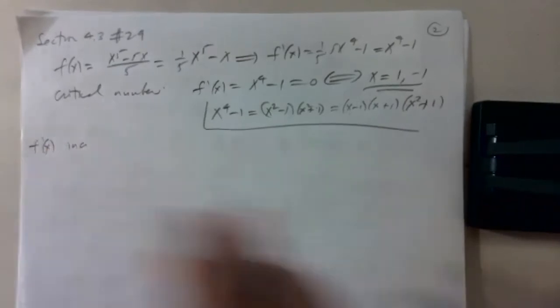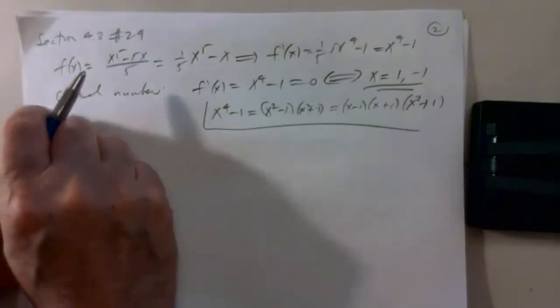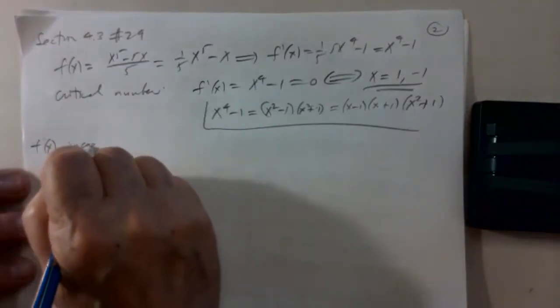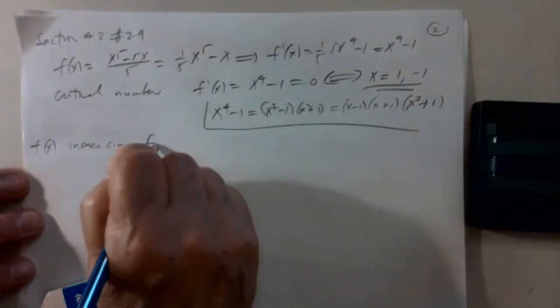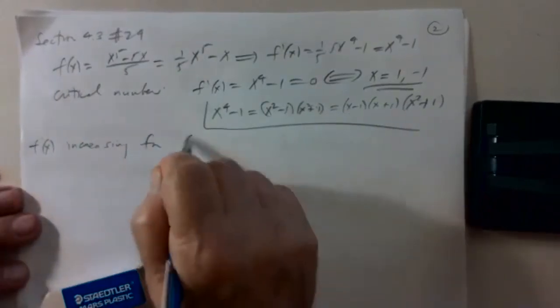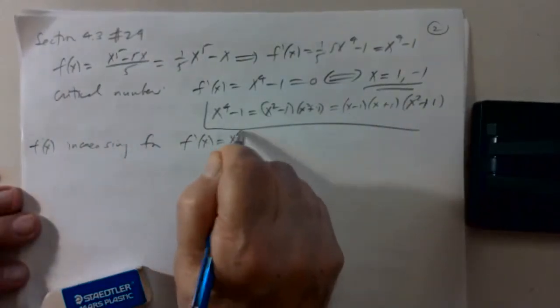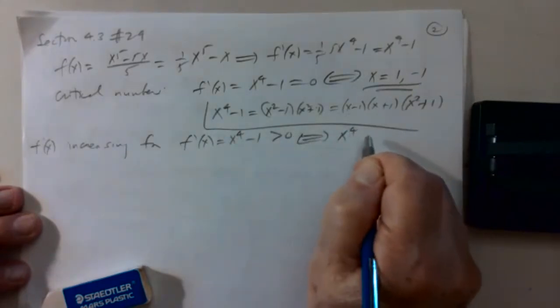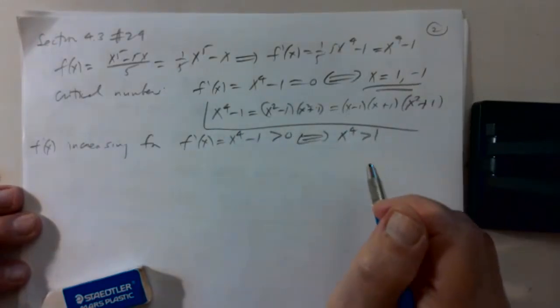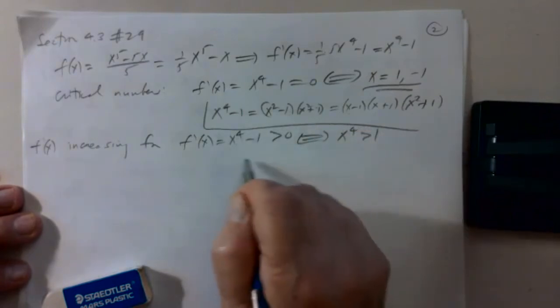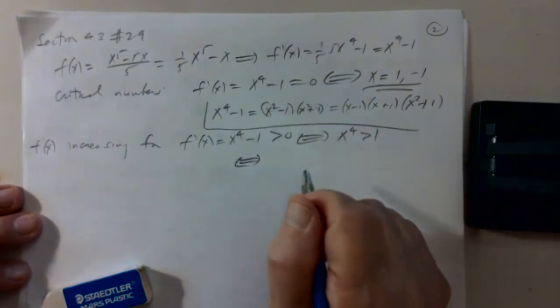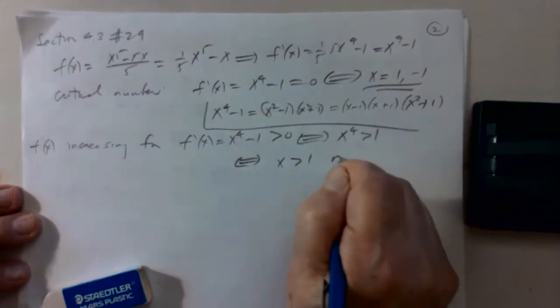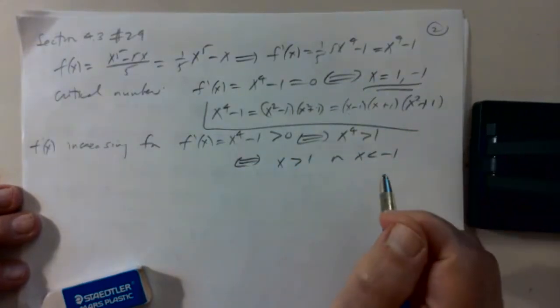Now, if you want to find where the function is increasing, f of x is increasing for f prime of x equal x to the 4th minus 1 greater than 0, which is the same as x to the 4th greater than 1. And that happens in two ways. You can either have x bigger than 1 or x less than -1.